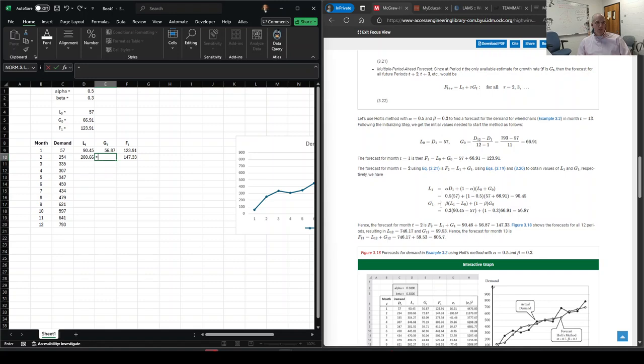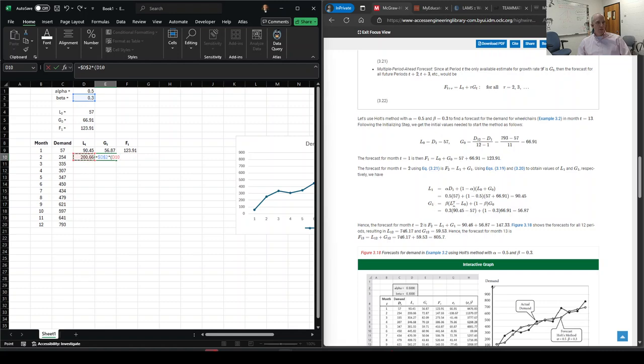So for our G2, we're looking for L2 minus L1 here, and G1 here, as well as our beta. So that equation is going to be our beta, I'll anchor that, times our L2, because we're on G2.